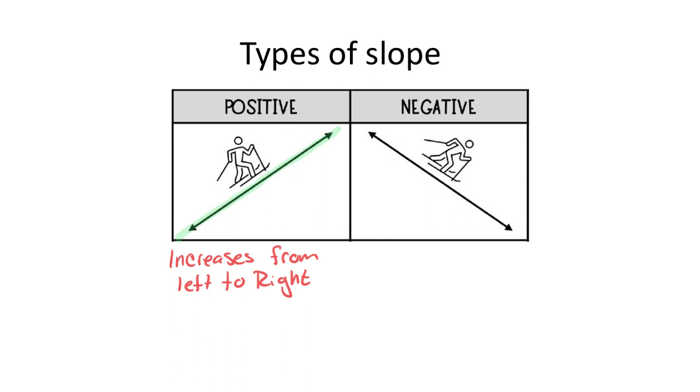And then a negative slope. So a negative slope decreases from left to right.